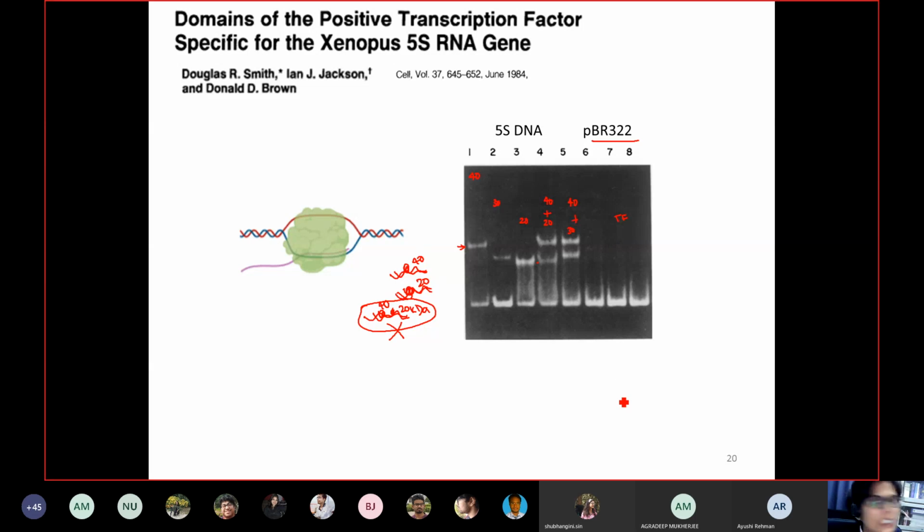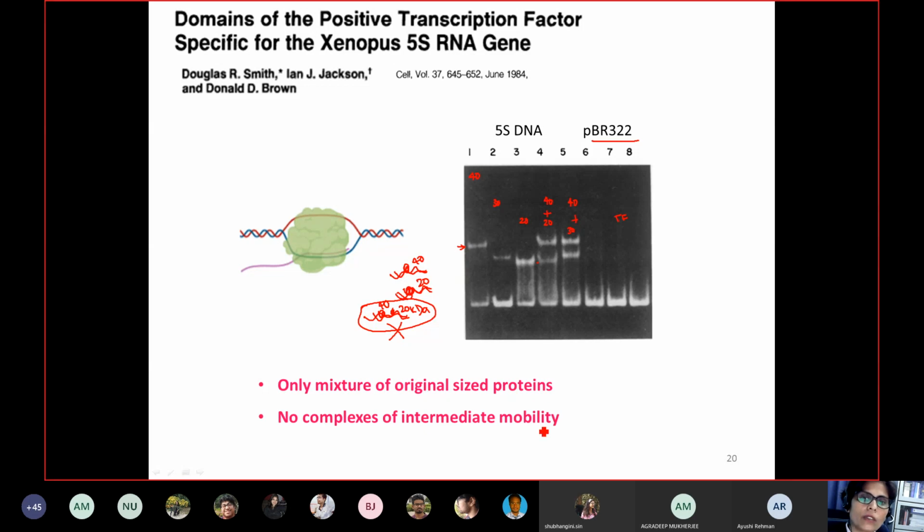Now, based on these results, for example, the cleavage pattern from cyanogen bromide and the heterodimer formation, they were able to say from this assay that only a mixture of original sized proteins were formed, and there were no complexes of intermediate mobility. So that means there is no intermediate formation as I showed here, and the original size proteins were able to form in these cases.